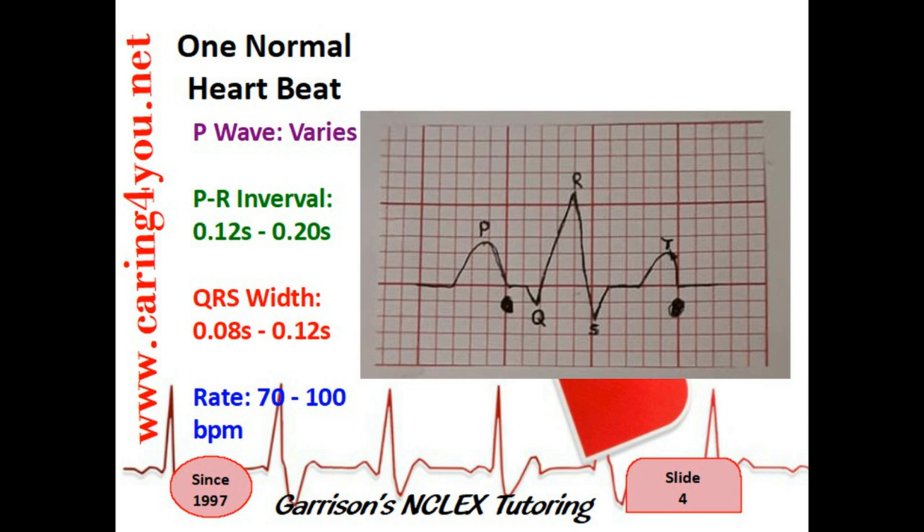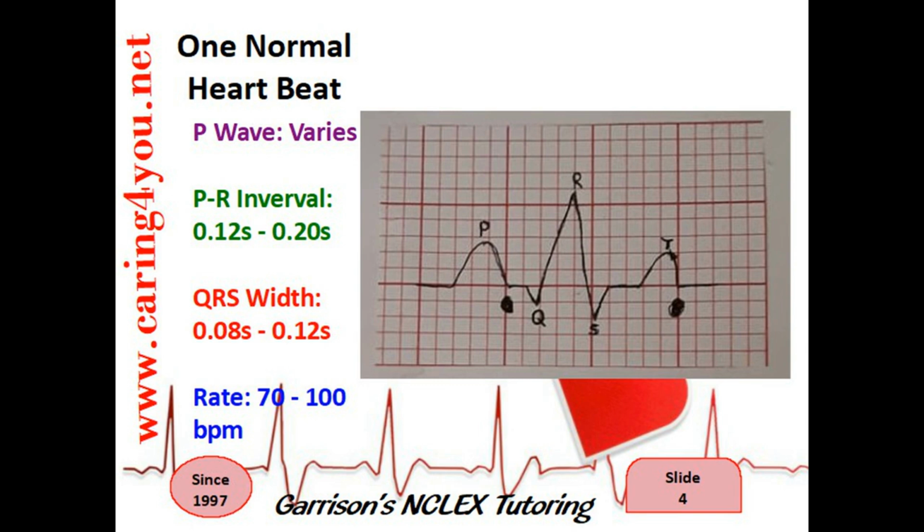How do you find the rate? You take the number of R's times 10. So if there's 3 R's, you take 3 times 10, that's 30. If there's 5 R's, you take 5 times 10, that's 50. If there's 6 R's, 6 peaks, you take 6 times 10, that's 60 beats per minute.